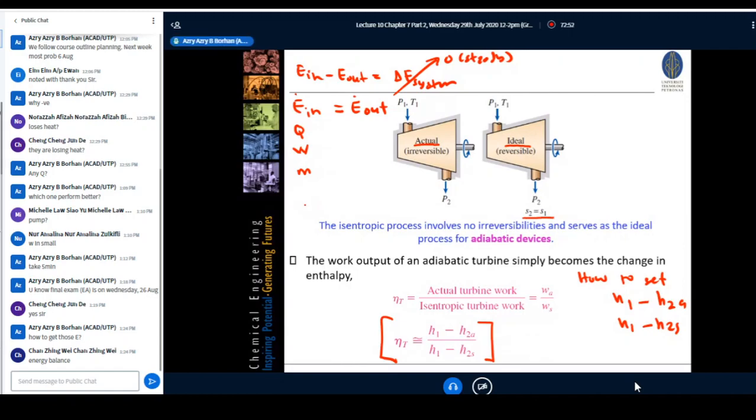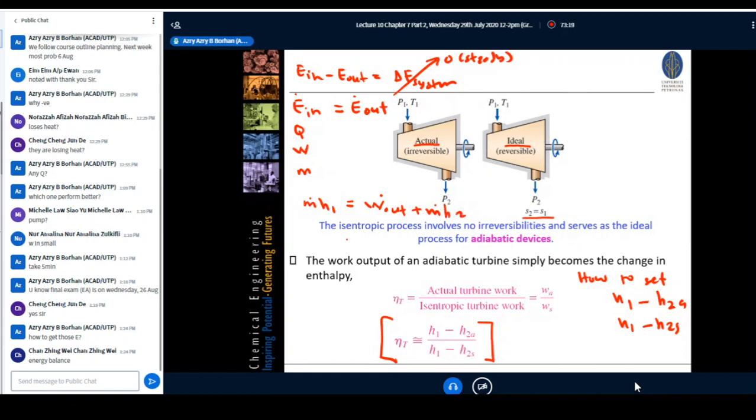So that means your M H1 is equivalent to W out plus M H2. So basically you have this expression from your energy balance.